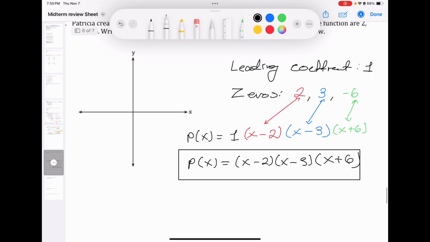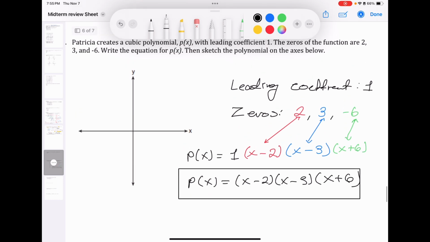The polynomial is positive. So to sketch this polynomial, basically, we put our zeros on the x-axis. So that's going to be 2 here, 3 here, negative 6 on this side. And remember, the leading coefficient must be positive.